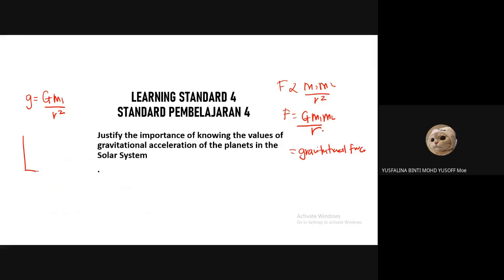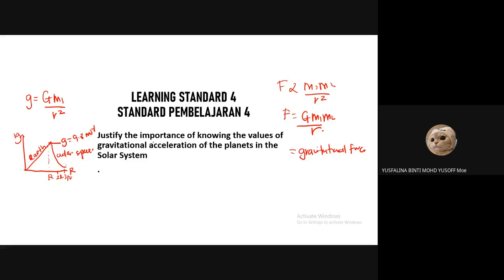And you already learned the graph. Let's say this is r, and this is 2r, 3r, like that. From here to here it will be inversely proportional. At the top here, g is 9.8 m s^-1. This is when the object is at the earth, and this is the outer space.